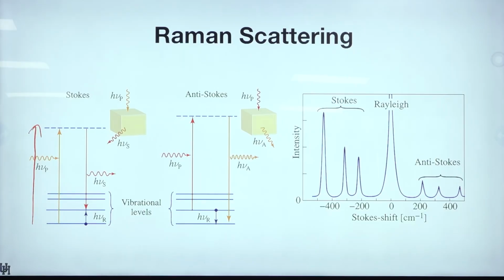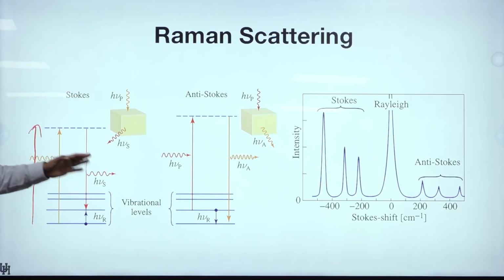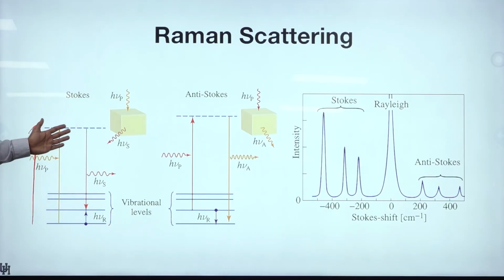Of a million photons that are incident, maybe one or two, or sometimes even fewer as a fraction, may come back at a different wavelength. Most of them will actually be Rayleigh scattering, which is the same wavelength as what came in, but a very tiny fraction may come back at another frequency, and there is no electronic transition that happens. It's purely a virtual state to which it goes and comes back.